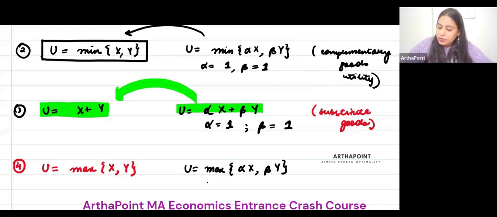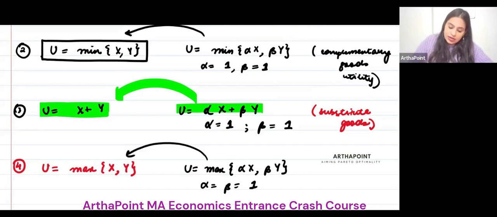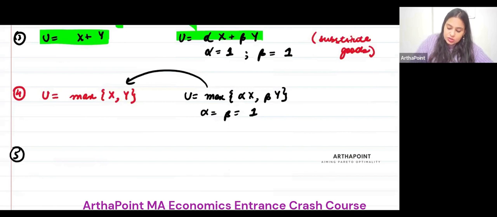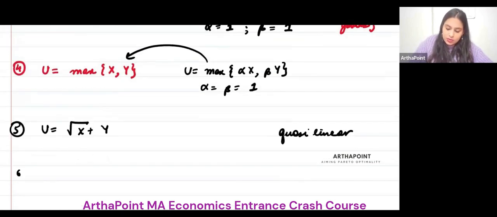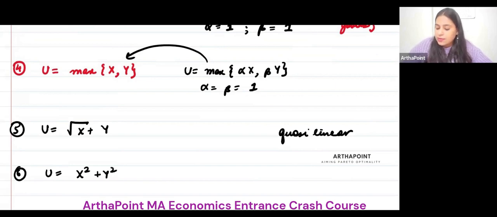Again, if we put alpha and beta as 1, we will get this utility function. Then we have the fifth one as U = root x plus y. These are quasi-linear utility functions. And finally, the sixth one that we want to deal with is x square plus y square. And these are concave utility functions.